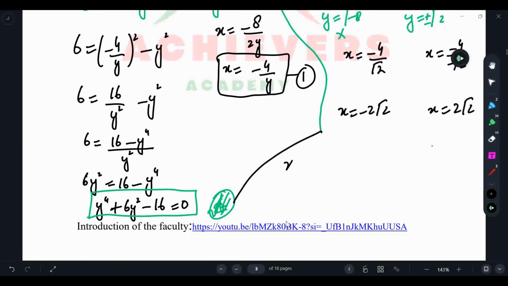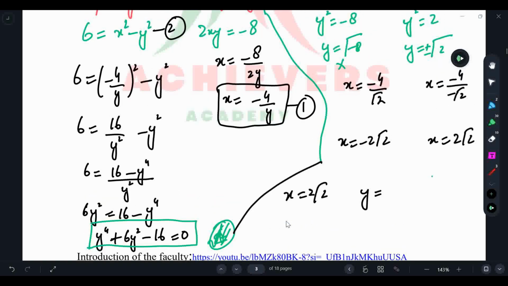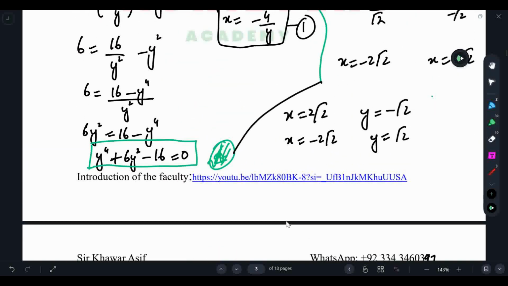When x is equal to 2 square root of 2, y will be equal to minus square root of 2, and when x is equal to minus 2 square root of 2, y will be equal to square root of 2.